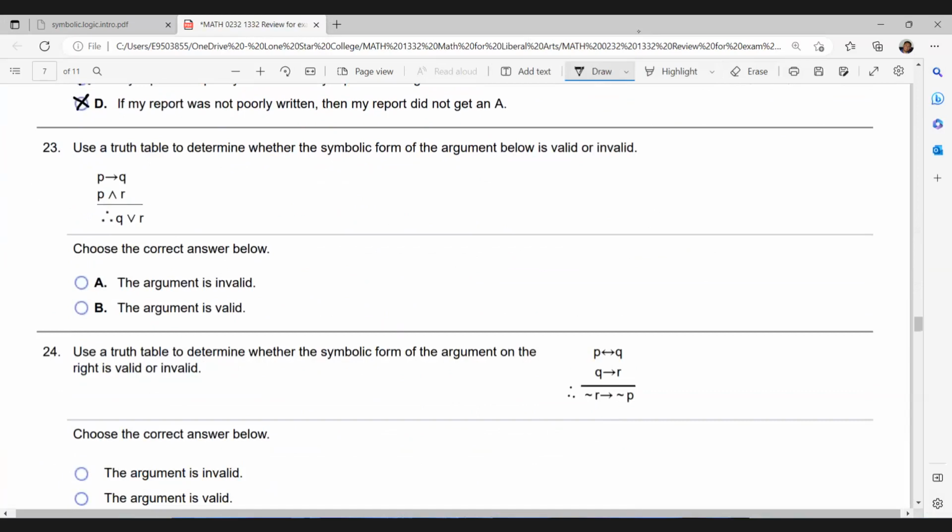There are some tables out of chapter 3.7 that we can use to determine whether this argument is valid or invalid relatively quickly without getting too involved, because some of these could get relatively involved, and we don't want to do that. Okay, let's just use the information that was provided.